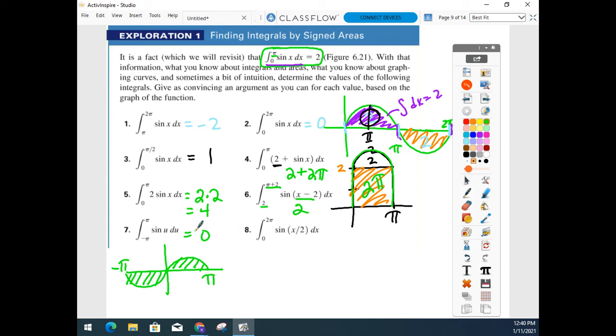And number 8, what does this do? X over 2. So let's think about this. This changes the period. All right. Our original period is 2 pi.